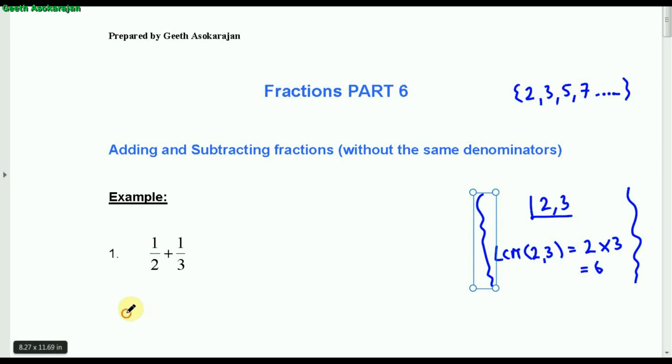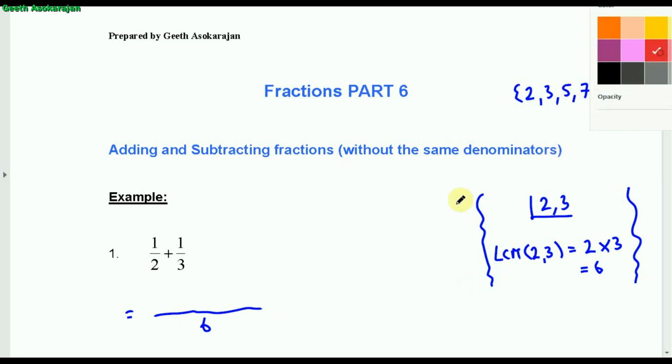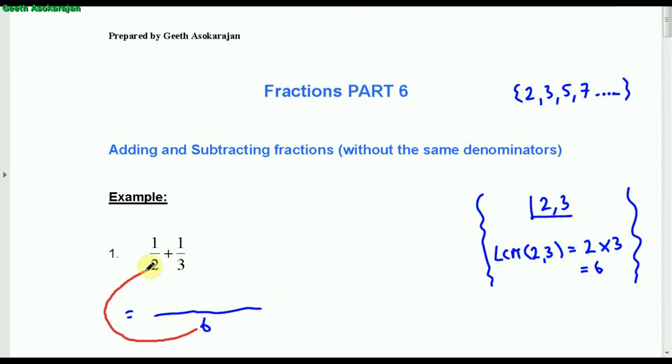And once you've done that, that 6, the least common multiple, will be the denominator of the resulting fraction. And in the next step, if I take a red pen, for each of these fractions we divide that 6 by the denominator, and then we multiply the answer by the numerator.